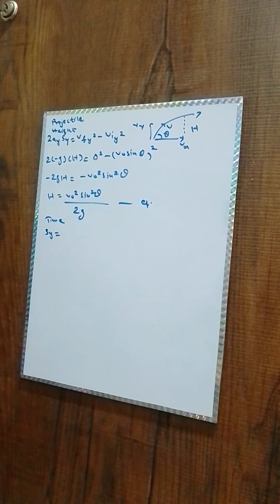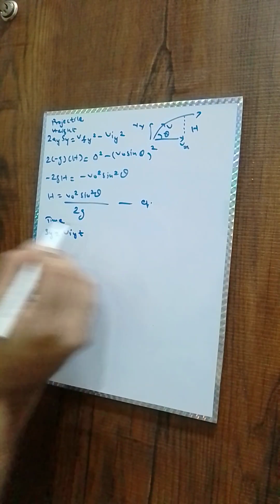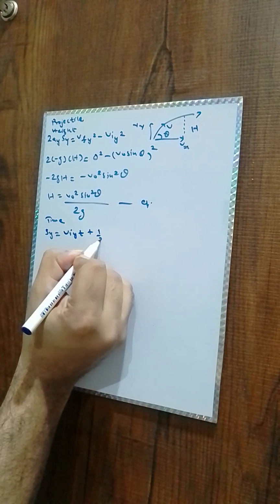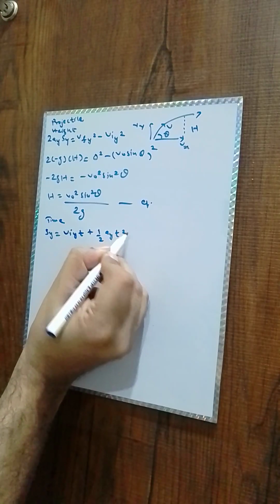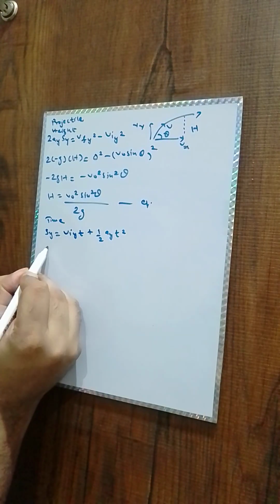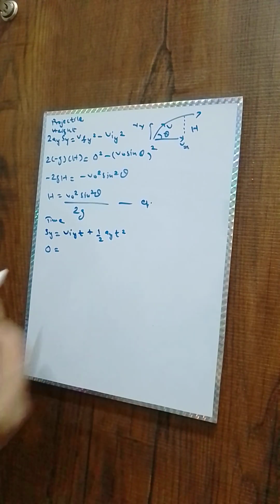For this case, the vertical displacement Sy is equal to the initial velocity times time, plus half a_y t squared. Vertically, the net distance covered is 0 because it lands on the surface in the end.